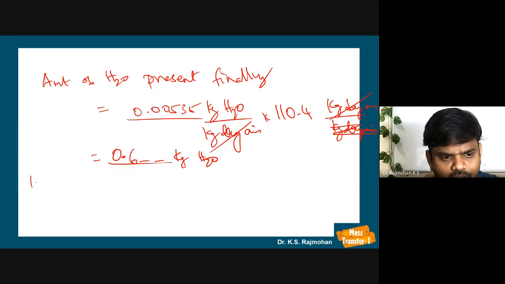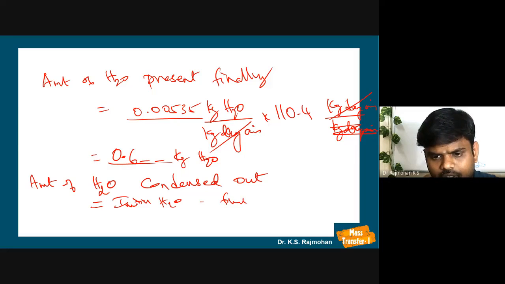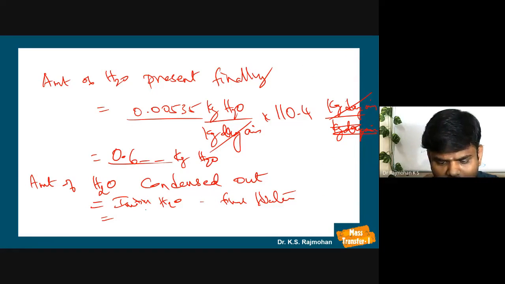So how much amount of water is condensed out? Amount of water condensed out is equal to initial water minus final water. Okay, so what is the value? Initial value we have, as I said, is around 2.4, so you substitute your value.